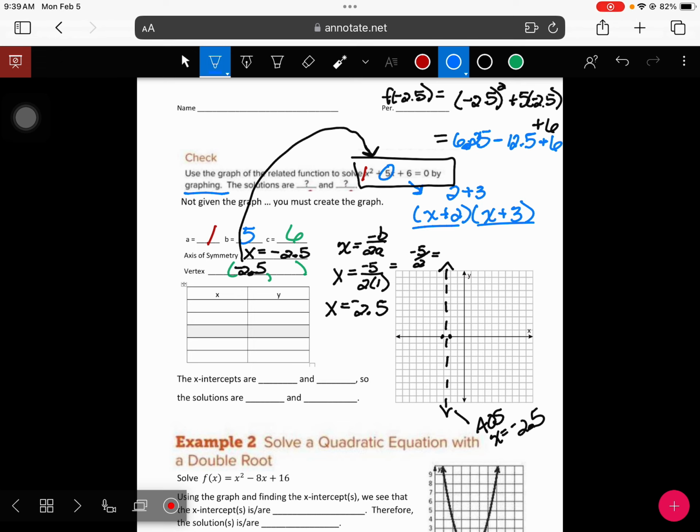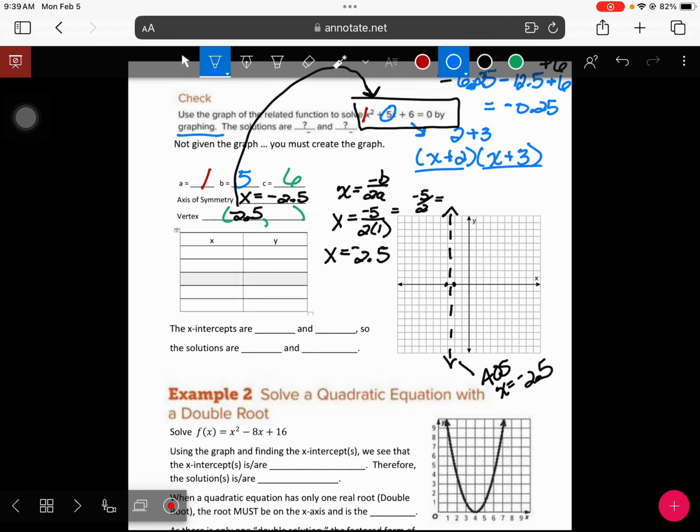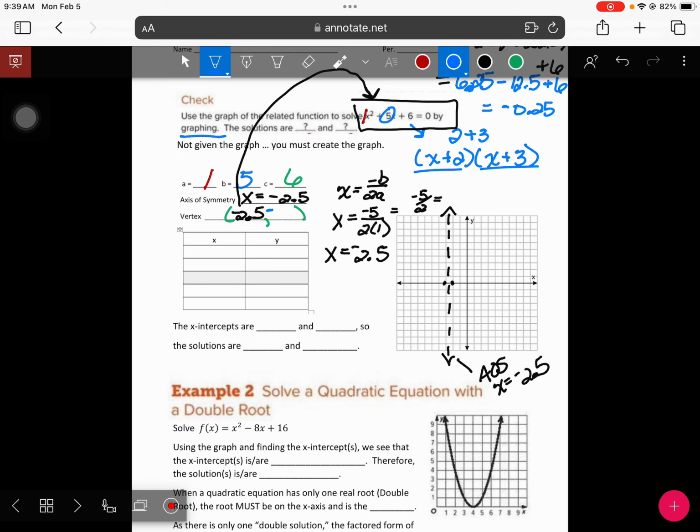So 6.25 minus 12.5 plus 6. We get what? Negative 0.25. What does that mean? It is just below 0. So negative 0.25.